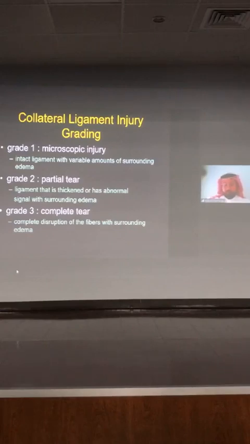So again, I'll repeat: grade 1 is when you just see some amount of fluid superficial to the medial collateral ligament. Grade 2 is when there is abnormal signal within the ligament itself, but you can still see the ligament course as normal. And grade 3 is when you can see a complete tear.